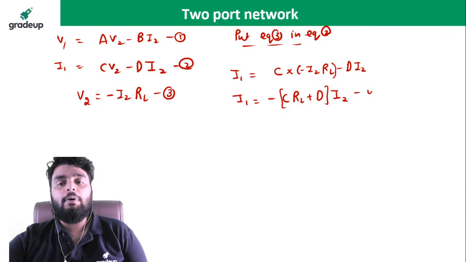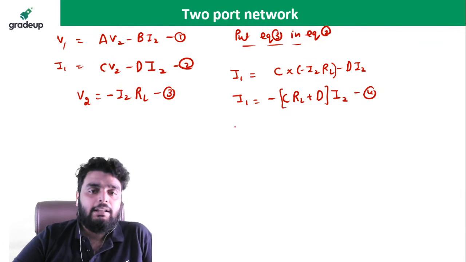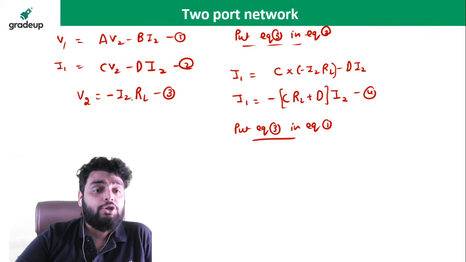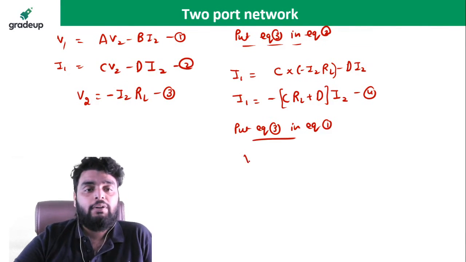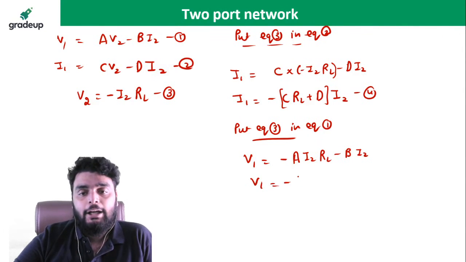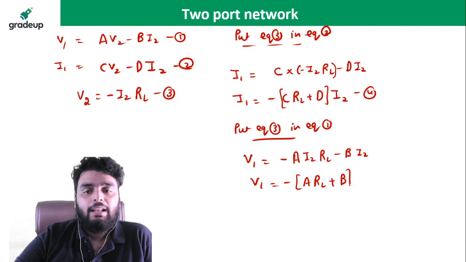This is equation number 4. Similarly, put equation 3 in equation 1. You will get V1 is equal to minus A times I2 RL minus B times I2. Taking minus I2 common, it comes out to be minus (A RL plus B) times I2.